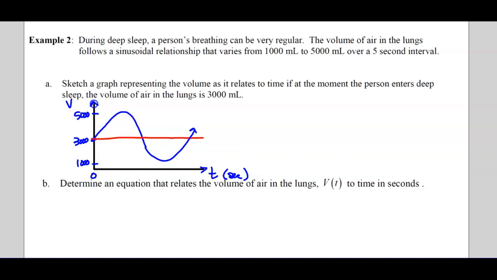So this one is a little bit ambiguous, but on a test it'll be obvious what happens. We'll make sure. Okay? So it says varies from 1,000 to 5,000 over a 5-second interval. So this 1,000, if you go up to 5,000 or back this way, that has to be 5 seconds.